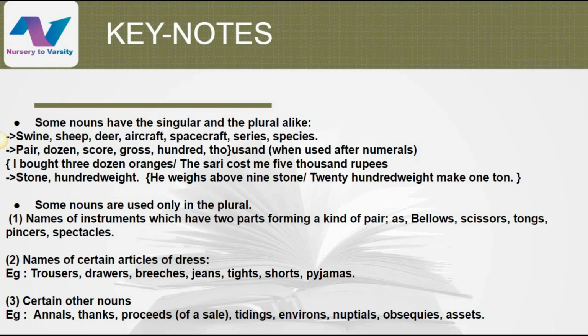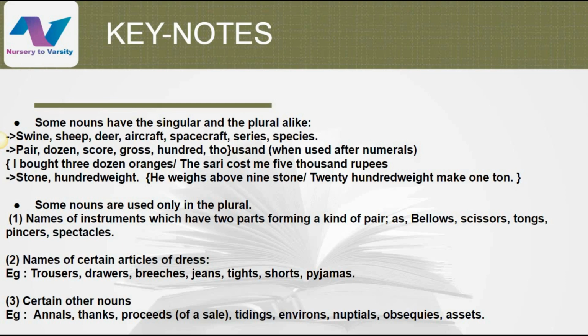I can say 10 pair of shoes, not 10 pairs of shoes, because a pair already has 2. So these are the things around numerals. Moving on to the weights, it's like stone, hundredweight. I never say 100 weights. 20 hundredweight make 1 ton. I never say 20 hundredweights make 1 ton. So this is a keynote we can take out.